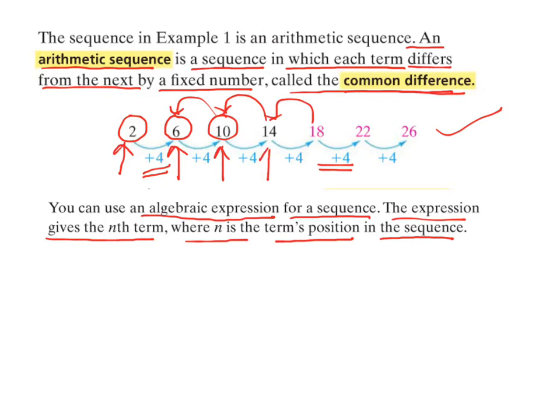What is the fourth term? 14. Fifth term? 18. So n is the term's position in the sequence. So if I ask you what is the third term in the sequence, it is 10. So in that case, I'm asking you about the third term. So n is 3.